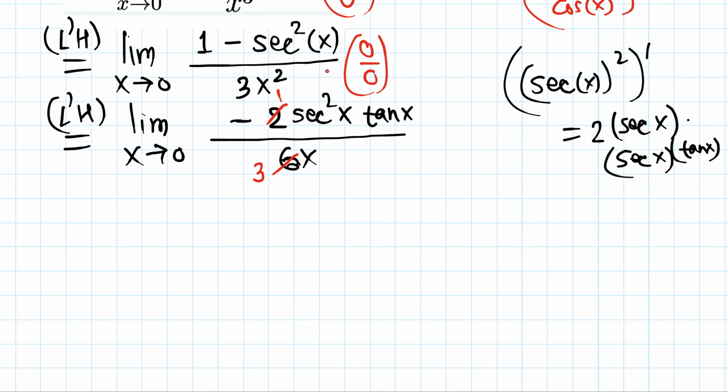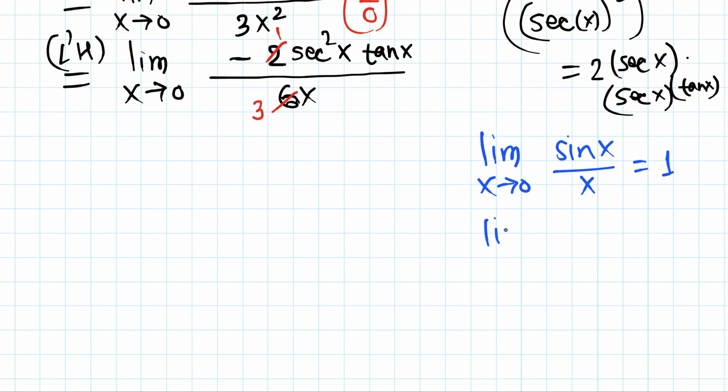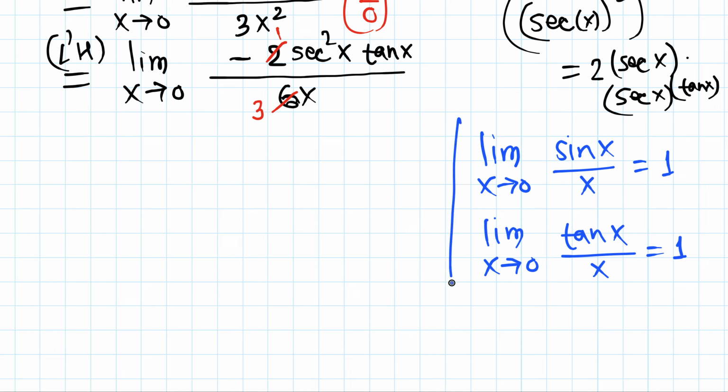If you remember correctly, there was the limit of x going to 0 of sine x over x. This limit is 1, and we also saw that the limit of x going to 0 of tangent x over x is also 1. We can check this using L'Hopital's rule, by the way. I see tangent x over x, so I'm going to write this in this way.